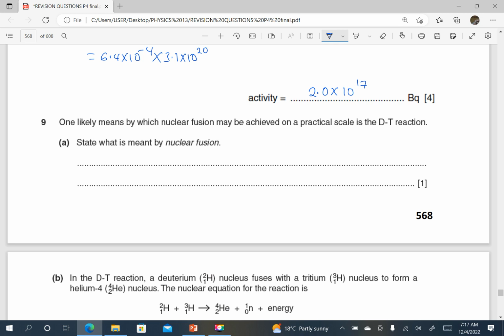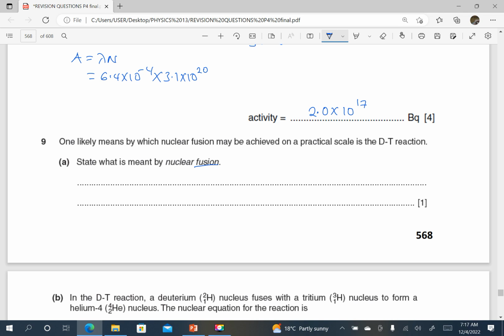One likely means by which nuclear fusion may be achieved on a practical scale is the DT reaction, that is the deuterium-tritium reaction. State what is meant by nuclear fusion. Fusion is combining, fission is splitting, but both result in a higher binding energy per nucleon.